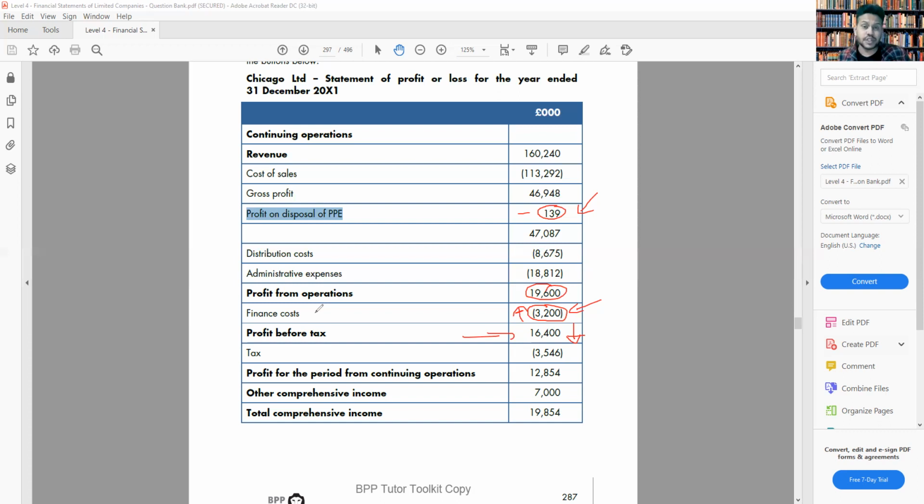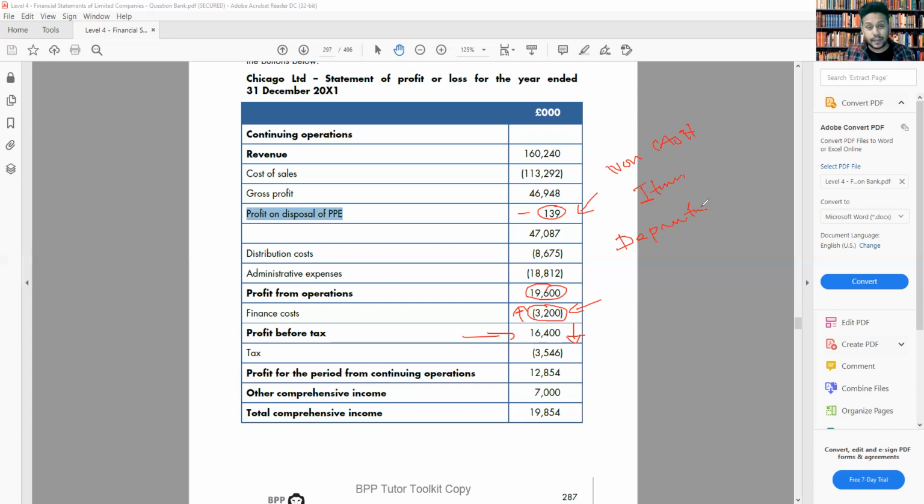And finally, I have to check, is there any non-cash item? Non-cash item means depreciation. Depreciation is the only non-cash item, because there is no actual movement of cash. Because of the depreciation, no actual money is going out of the business or coming into the business.